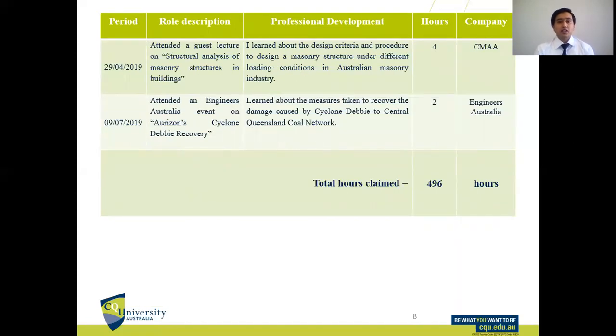I also attended a guest lecture hosted by CMAA, and I have claimed 4 hours, 2 hours of lecture and 2 hours of reflection, and an Engineers Australia event on Cyclone Debbie recovery with 2 CPD hours, giving altogether 496 hours. I'll be presenting the evidence for those claims.